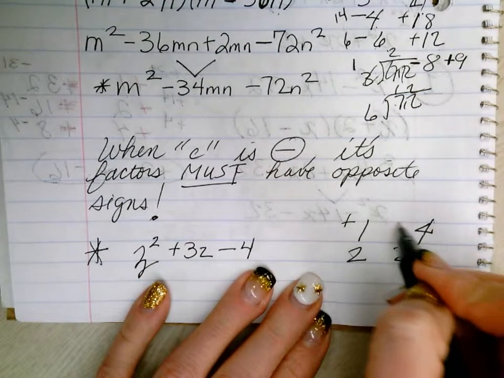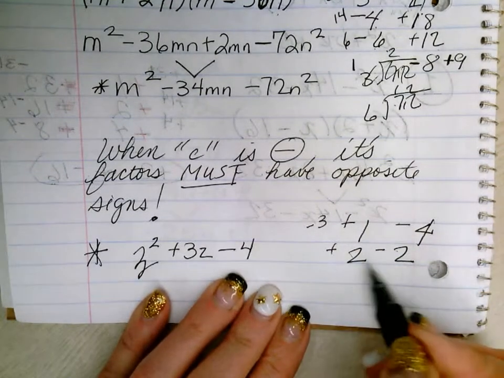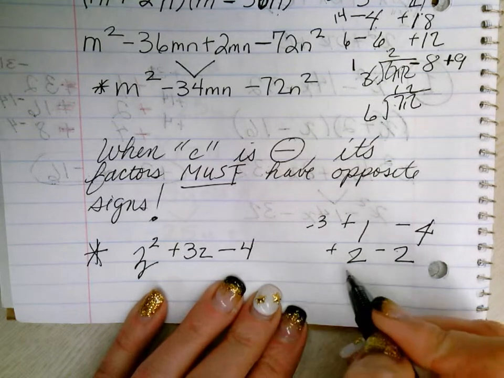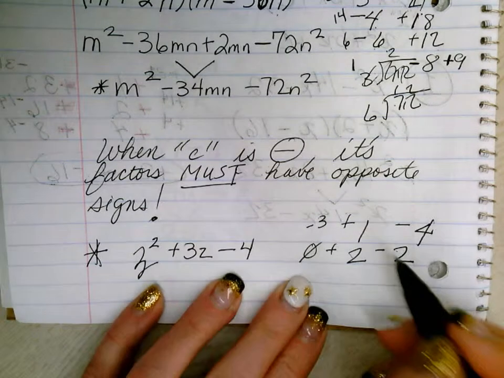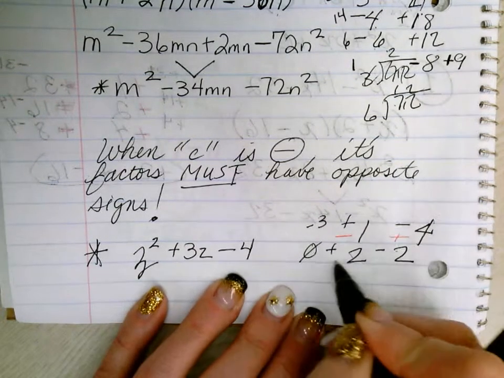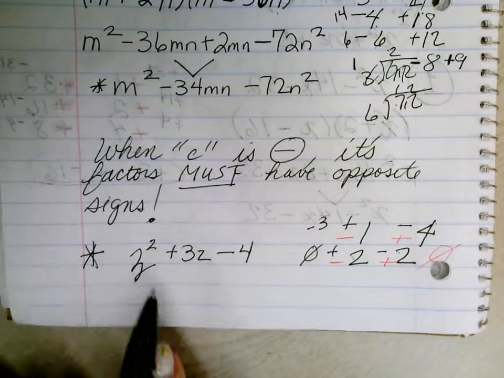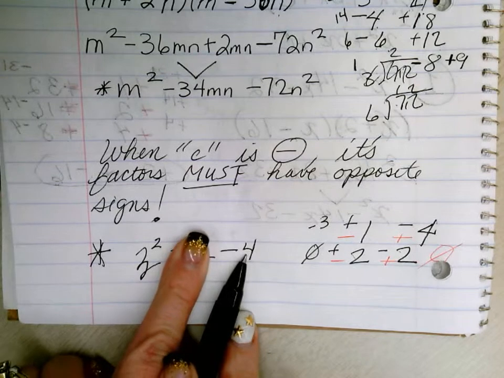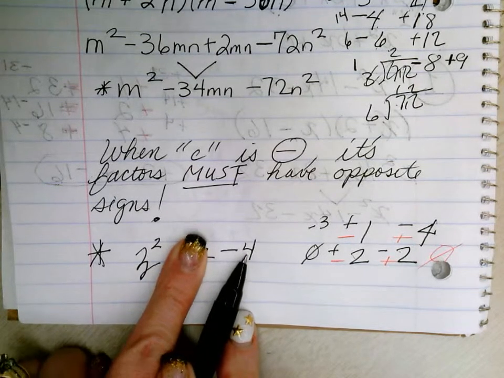So I can either do a positive negative, which gives me a negative 3, or a no linear term. That would be a difference of squares. Okay? Or I can do a negative positive, which will still give me nothing here, because if it was z squared minus 4, you'd have a difference of squares, z plus 2, z minus 2. Okay? That's not what we're looking for, though.